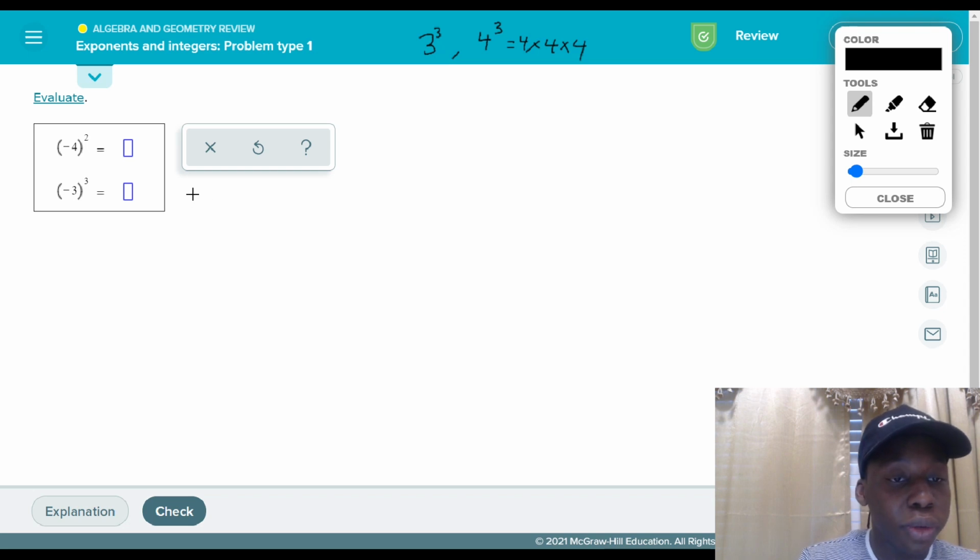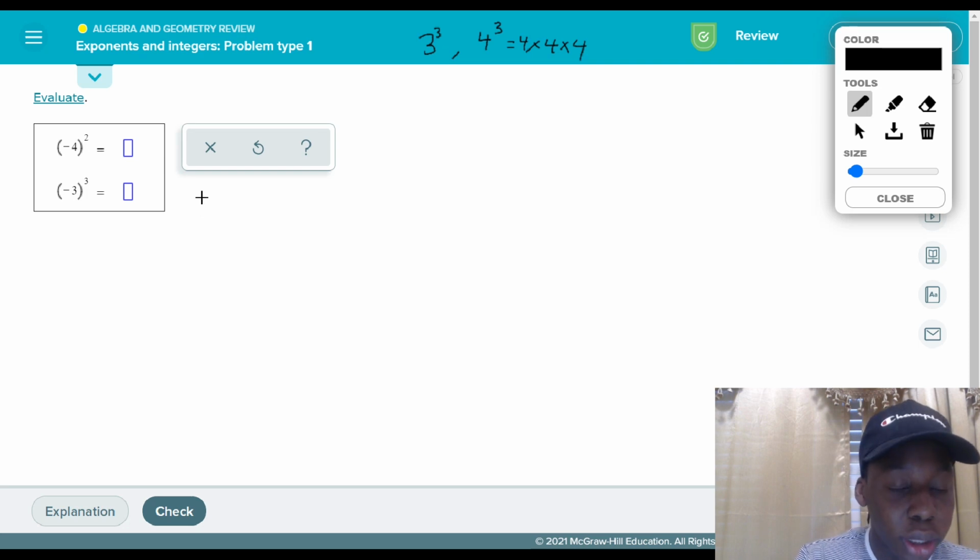The first step is to identify the symbol attached to the number. The symbol in this first question is a negative. Since it's a negative, we need to know whether we are using a squared or a cube, or whether the power is an odd or even number.